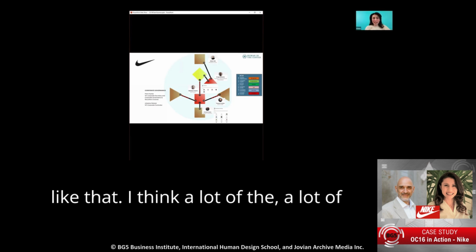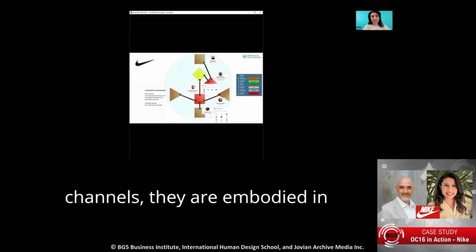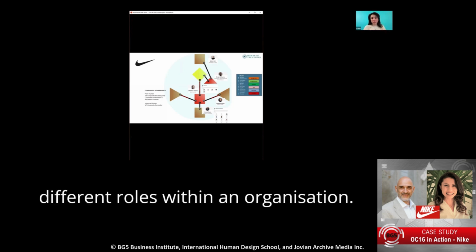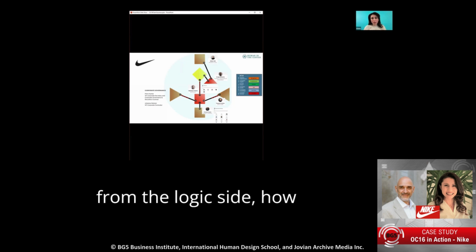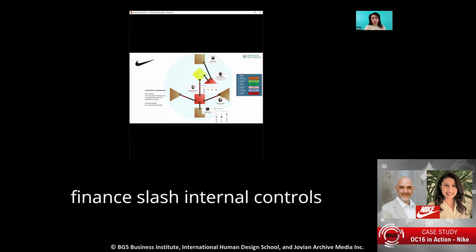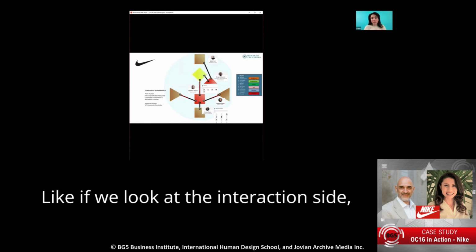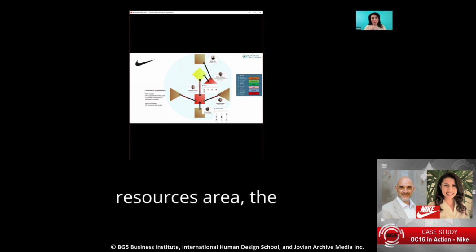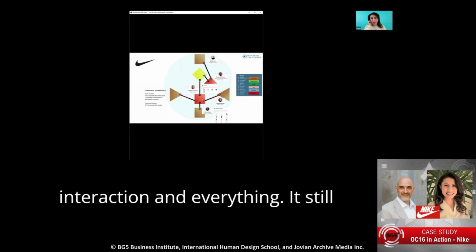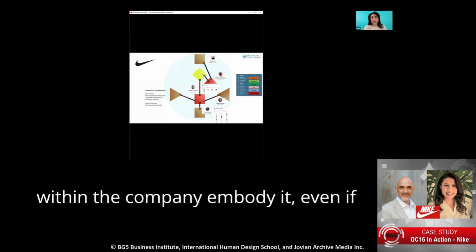I think a lot of the components that we see in OC16 channels are embodied in different roles within an organization, and everybody takes bits and pieces of it. Just like you were giving the example from the logic side, how finance, internal controls and audit boards kind of take that. If we look at the interaction side, although we could say it's the human resources area, it still is embodied, like even the people managers within the company embody it.